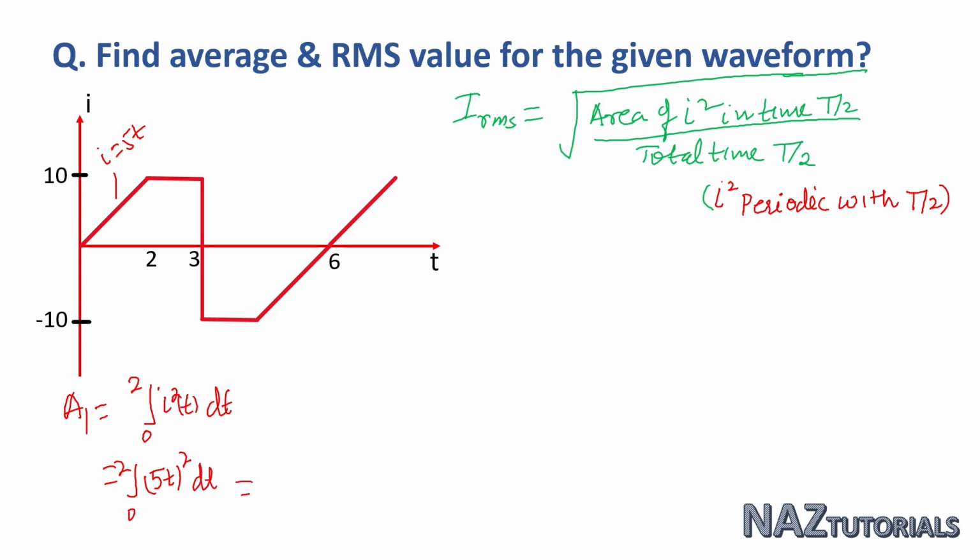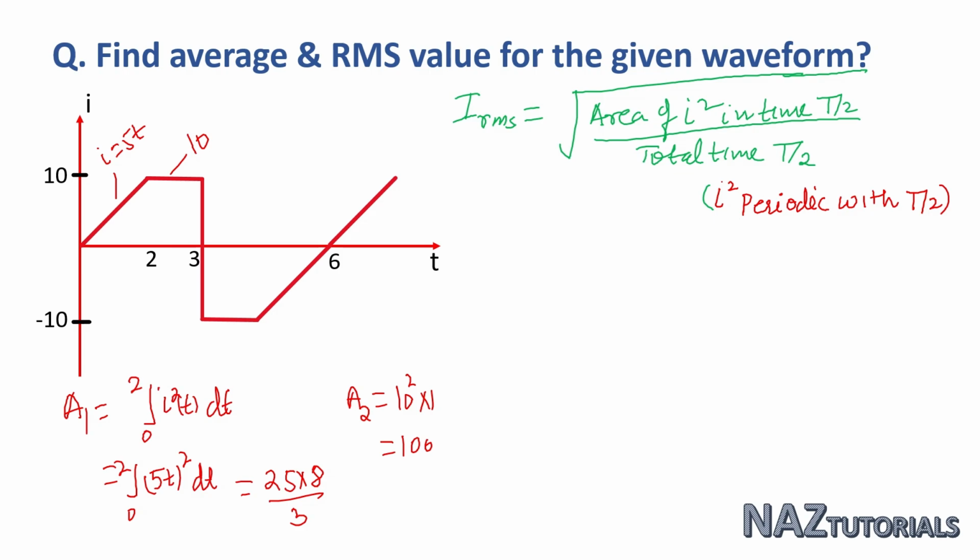We calculated this in the previous slide, that is 25 into 8 divided by 3. And our area 2, that is I square, that is 10 square into 1, so it is calculated as 100.